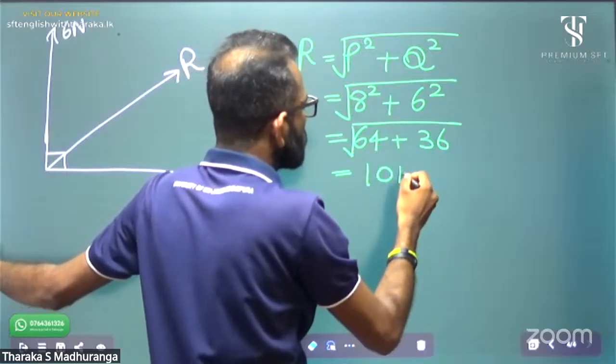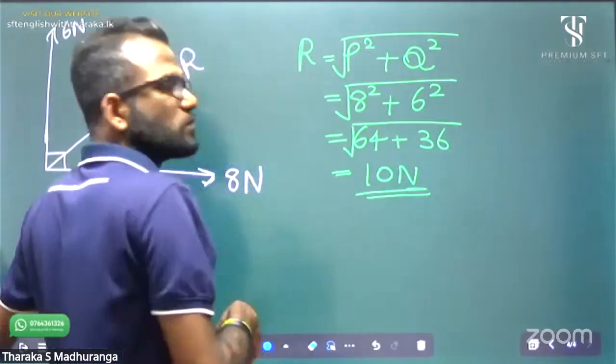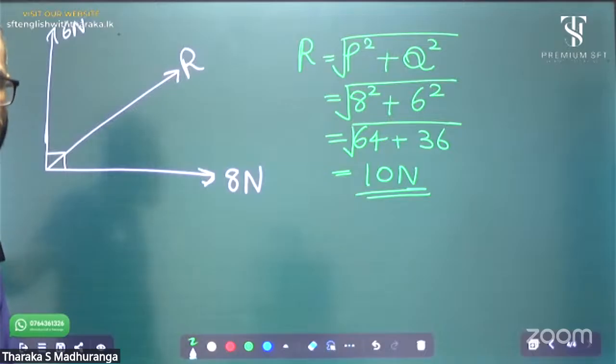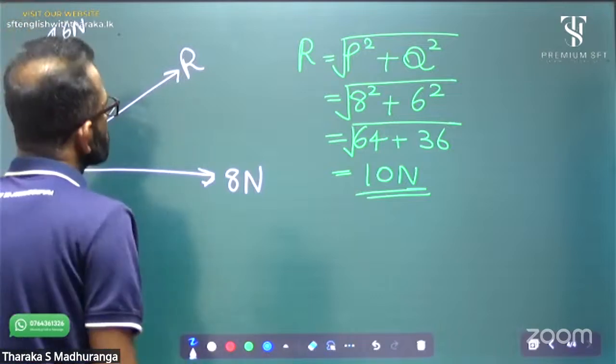It is 10 Newton. Square root of 100 is 10 Newton. Okay, now the direction.